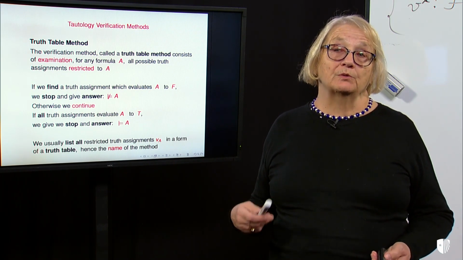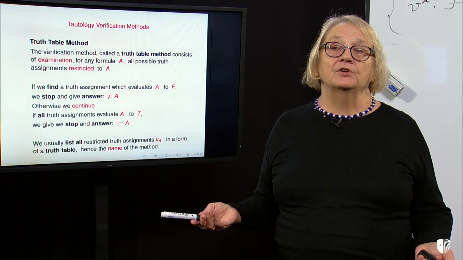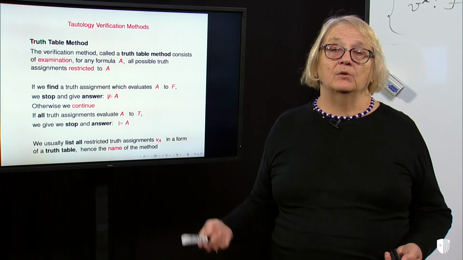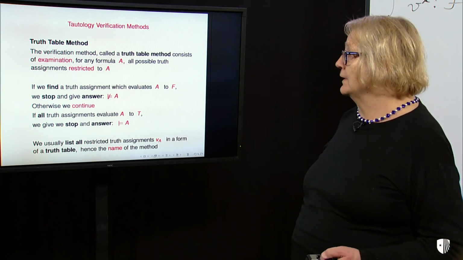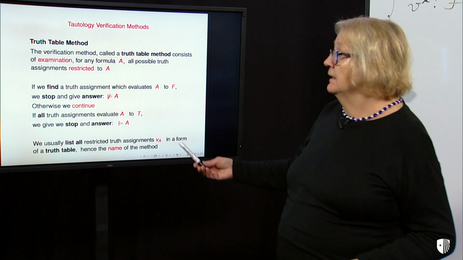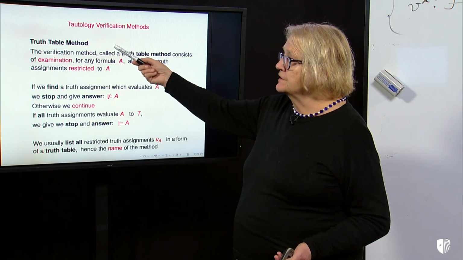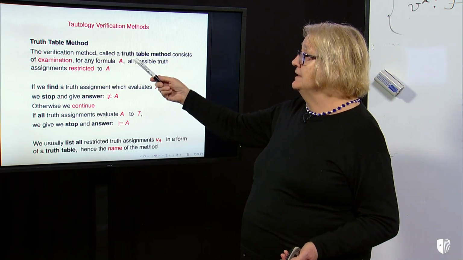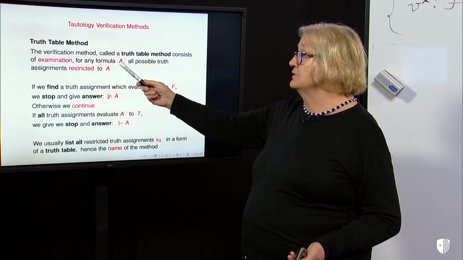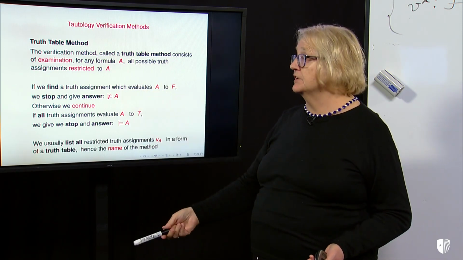And of course, you can do what's called the truth table method. It means you evaluate all of them. It's a lot of evaluation. This is called the truth table method. It consists of examining the formula on all possible restricted models.